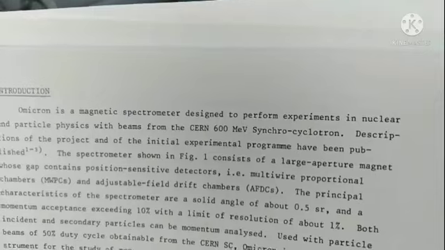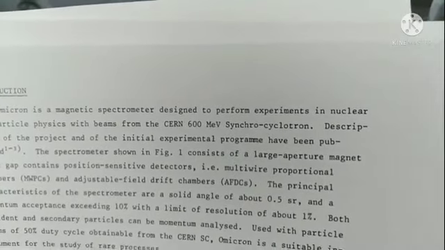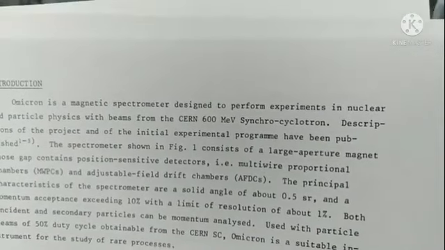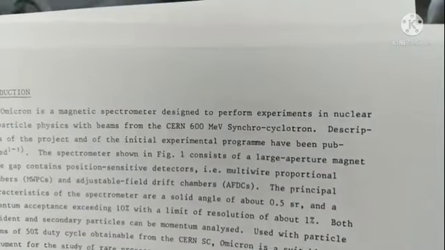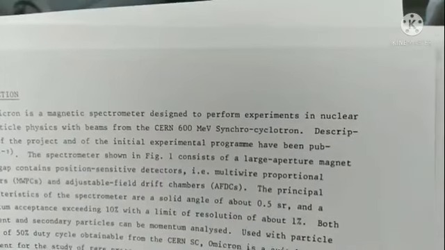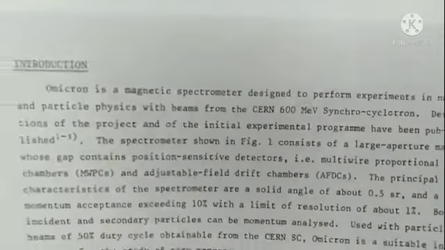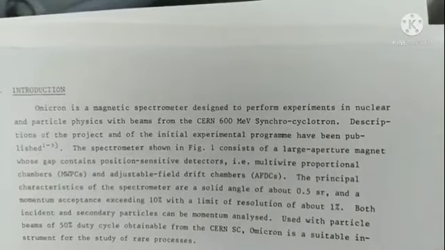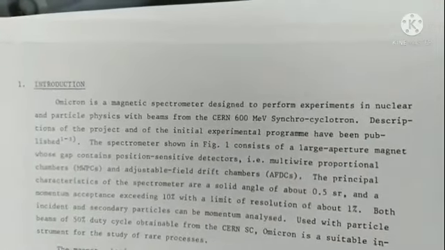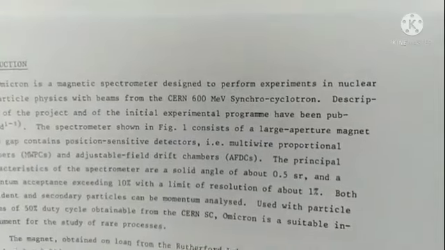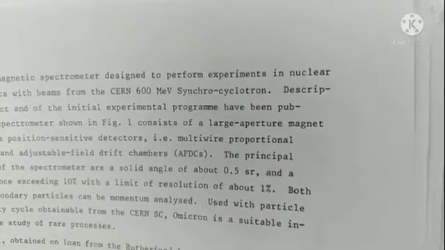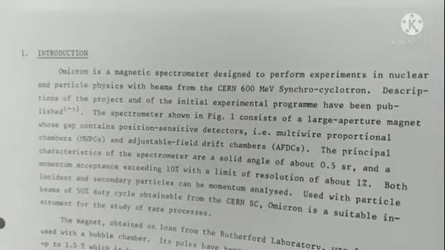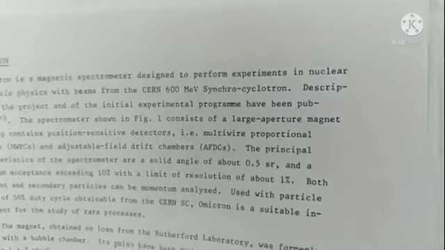The spectrometer, shown in Figure 1, consists of a large aperture magnet whose gap contains position-sensitive detectors, i.e. multi-wire proportional chambers and adjustable field drift chambers. The principal characteristics of the spectrometer are a solid angle of about 0.5 sr and a momentum acceptance exceeding 10% with a limit of resolution of about 1%.